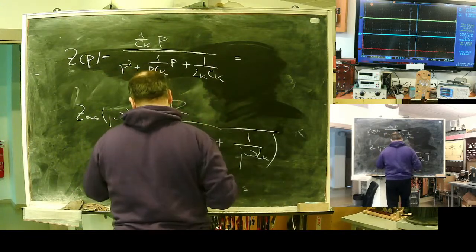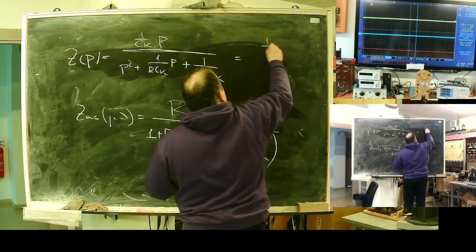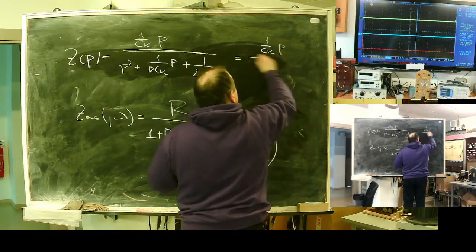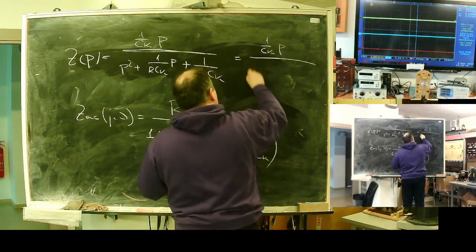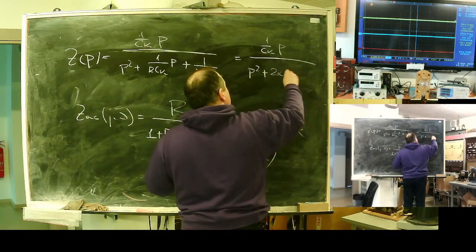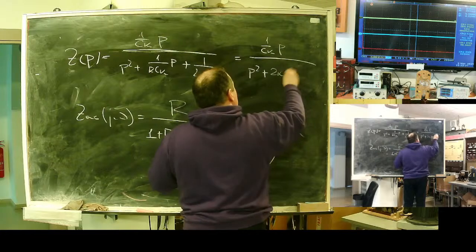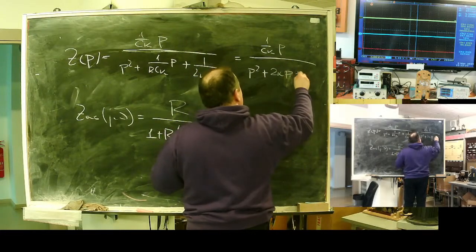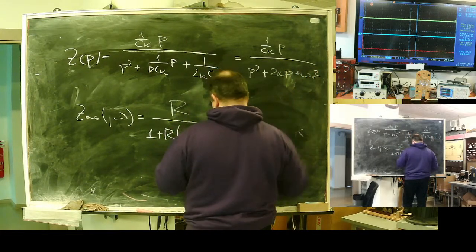What can be rewritten as 1 divided by C complex frequency p squared plus double alpha p plus omega 0 squared.